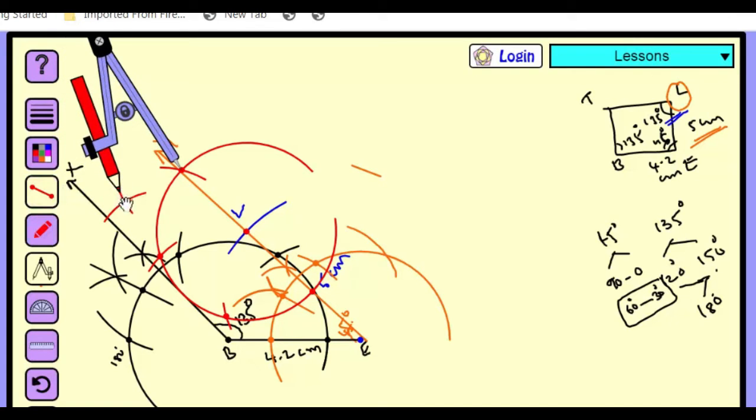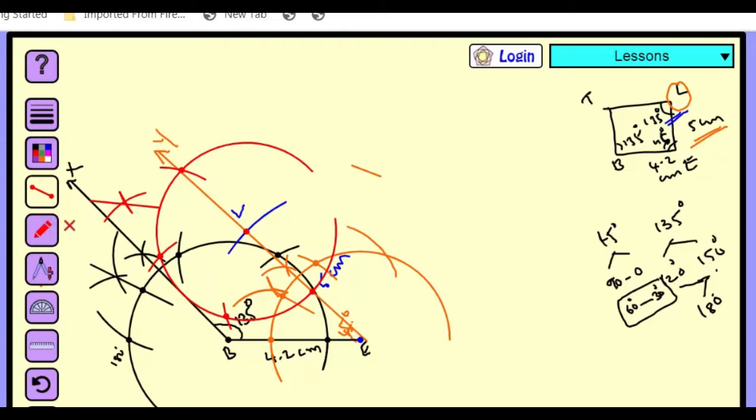So to locate the 150, just mark a small line here. Now this is indicating 150 degrees. Now we are going to bisect 120 and 150 degrees to get 135 degrees.